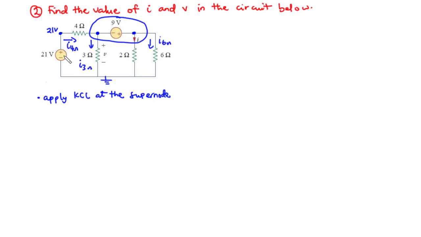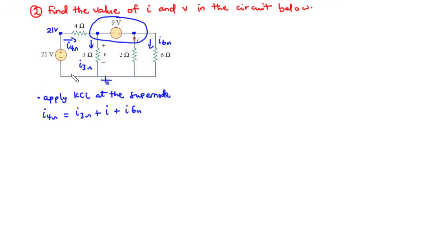So we have current I 4 ohms entering, so I 4 ohms will be equal to current leaving, I 3 ohms plus I 6 ohms. So sum of current entering is equal to sum of current leaving.